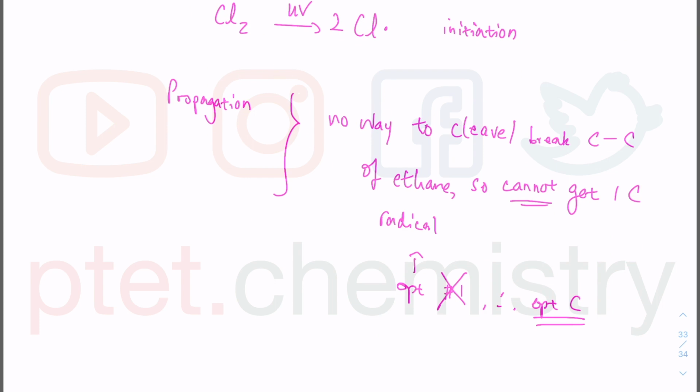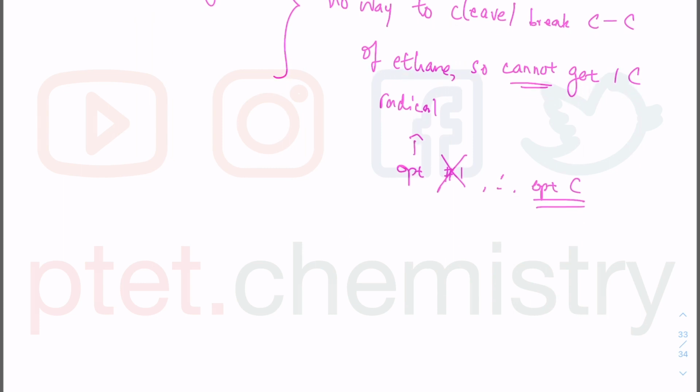Okay, so let me just prove to you that only 2 and 3 are correct. What can we do? We can have the chlorine radical plus the ethane molecule, and then you can take off one HCl because it takes off one of the hydrogens and you will produce a radical on the carbon. So now you only have CH2 on the carbon and you have a radical on the carbon.